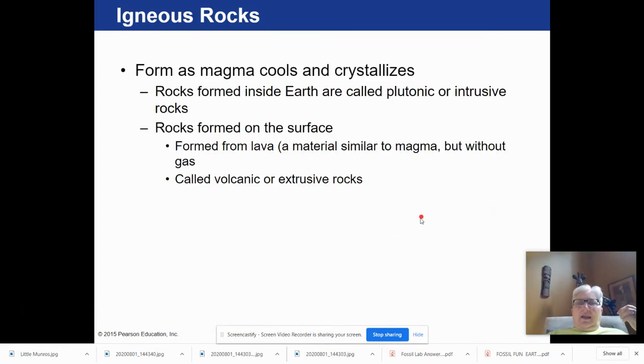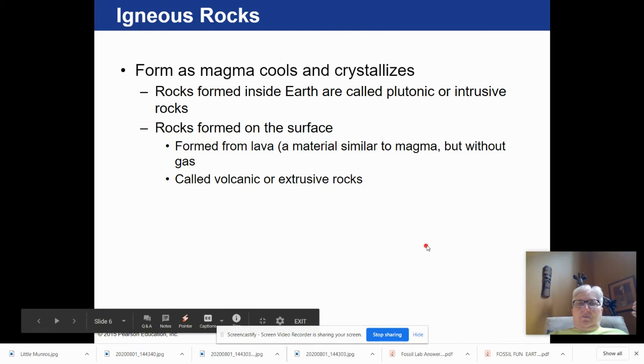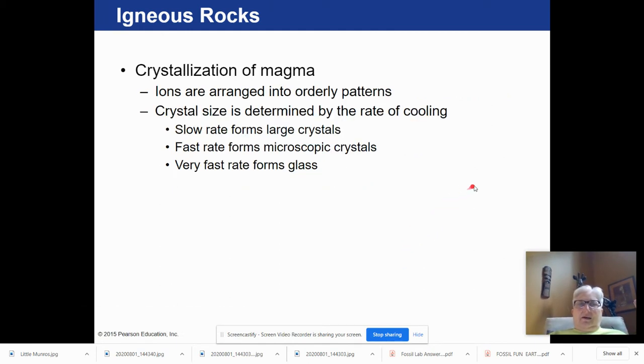All right, now as magma or that liquid rock solidifies and begins to cool, it will crystallize, and this will put various types of rock into the earth itself. So take a little look at that.